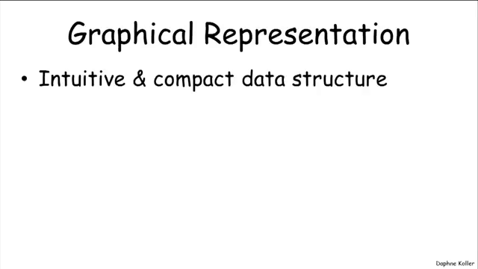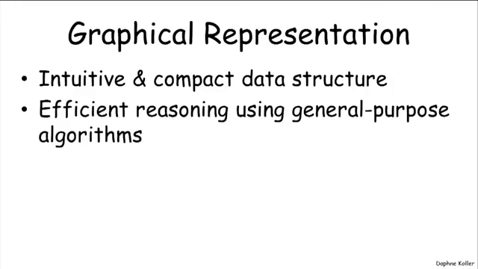So to summarize, the graphical representation gives us an intuitive and compact data structure for capturing these high-dimensional probability distributions. It provides us, at the same time, as we'll see later in the course, a suite of methods for efficient reasoning using general-purpose algorithms that exploit the graphical structure.